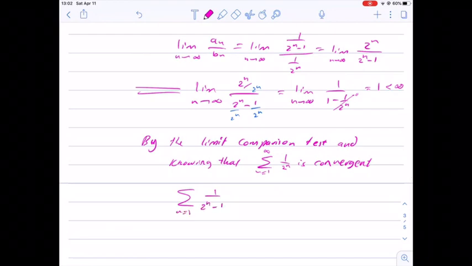If one of them is convergent, the other one will be convergent. So this is convergent.